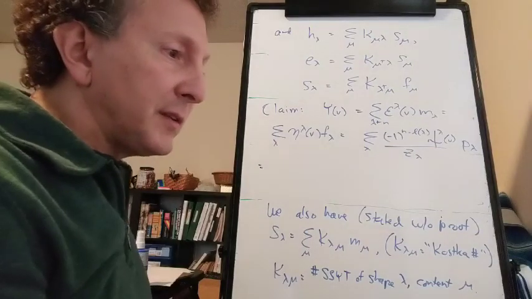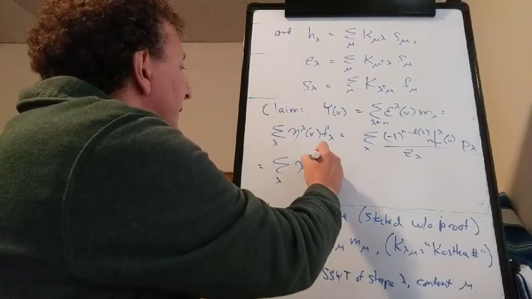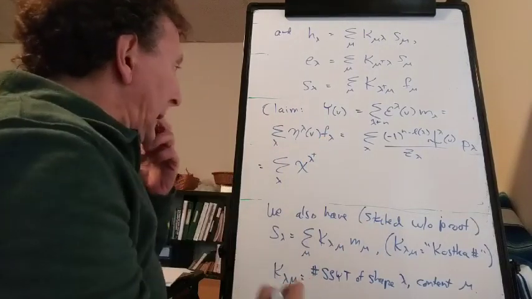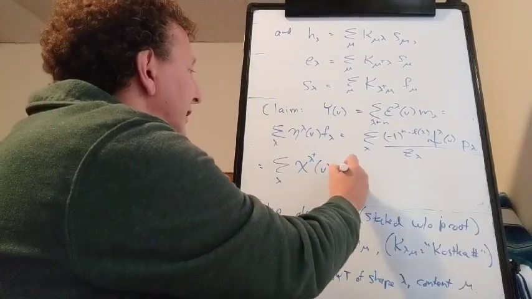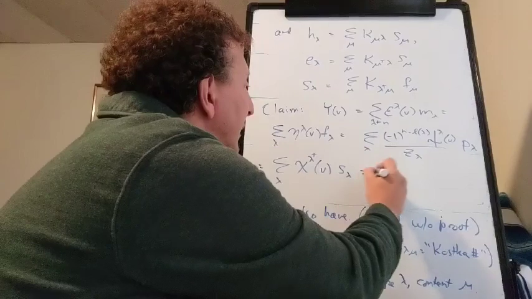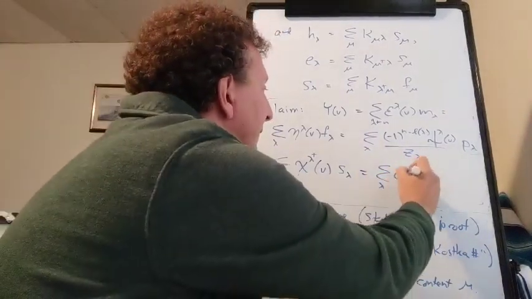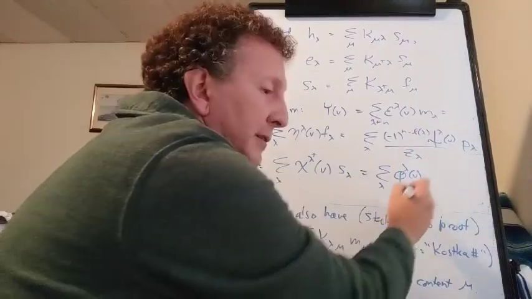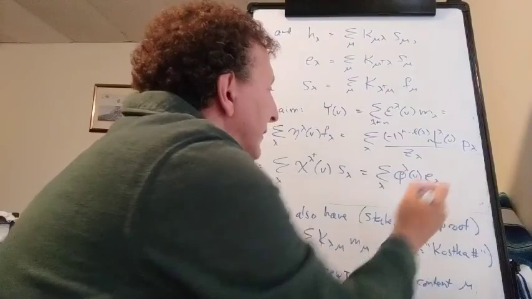And if we express this in the Schur basis, we get the irreducible character indexed by lambda transpose evaluated at v next to the Schur function s lambda. And if we expand this in the elementary basis, we get phi lambda of v, so that's the monomial trace, next to e lambda.